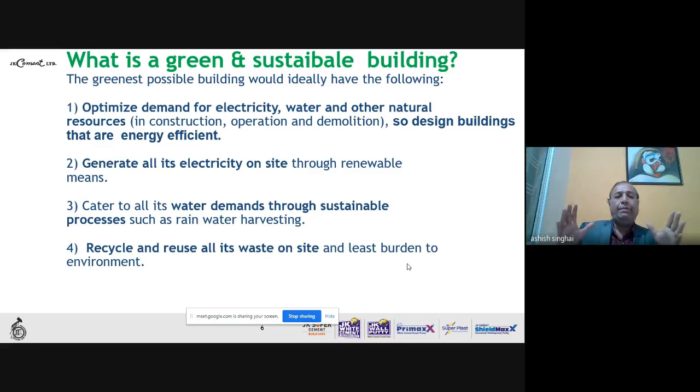If I am designing a project में obviously there will be a lot of water demands post occupation. Can we plan the design of the building or the apartment or that particular project in such a way कि अब जितना भी waste water generate हो रहा है उसको हम recycle करके it can be put into good use in watering or gardening or for that matter cleaning of your four wheelers.